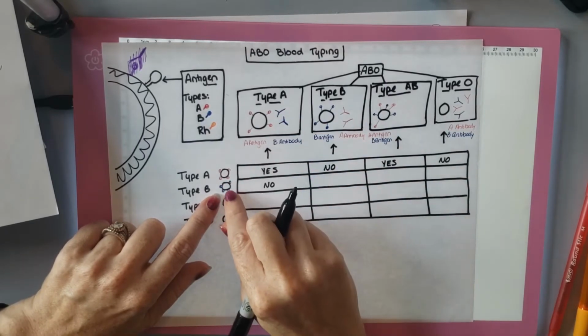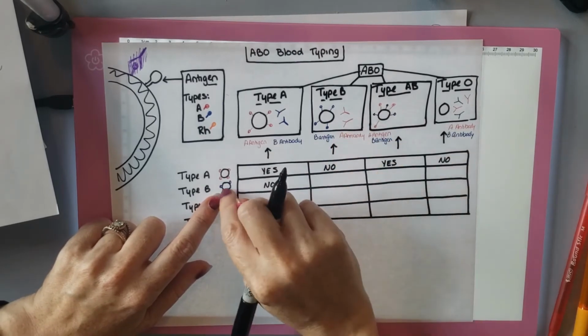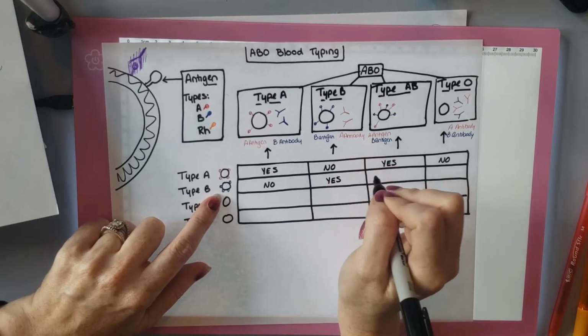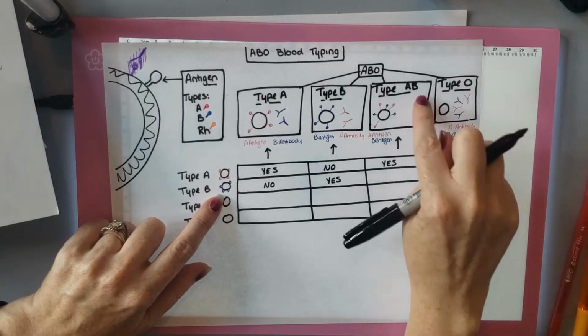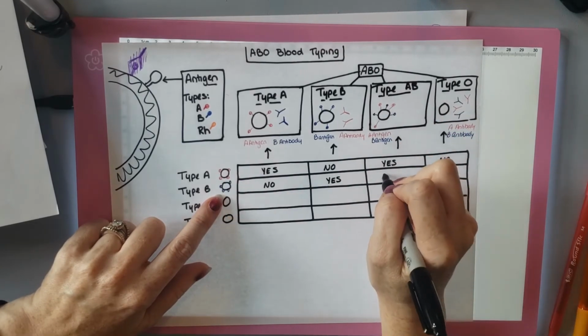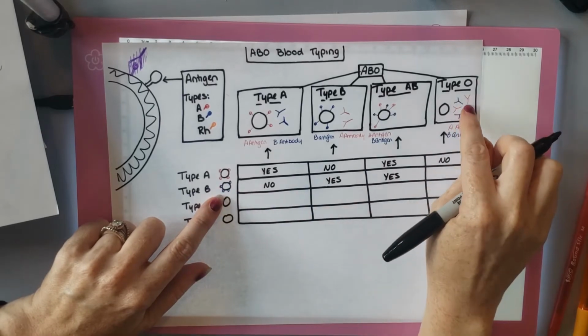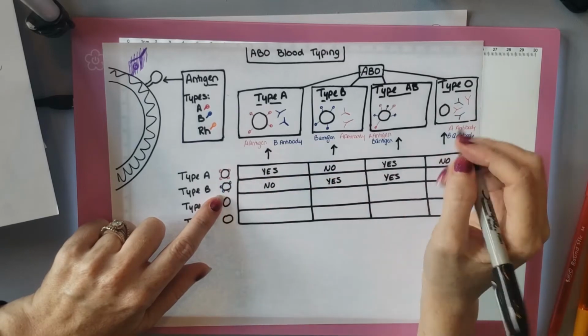No. Can we give this cell to this person? They have antibodies, but it doesn't affect that cell, so who cares? Yes, sirree. Can we give this cell to this person? Sure, there's no antibodies to kill them. Can we give this cell to this person? This has the B antibodies, which will kill it, so no.